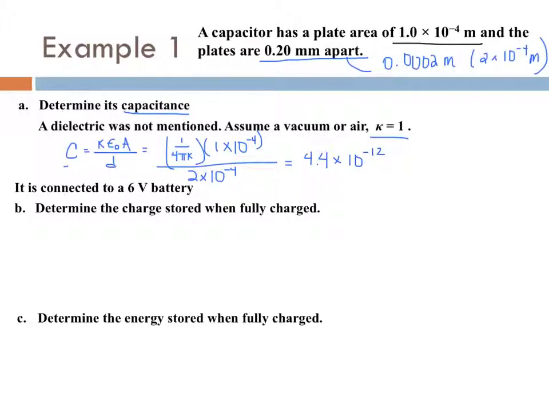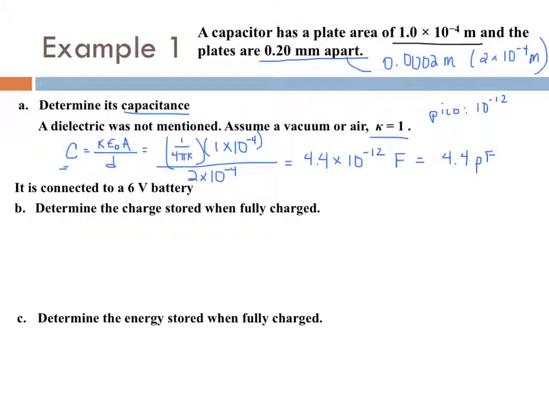Now, since we are solving for capacitance, that's in units of farads. Or you could also rewrite this as 4.4 picofarads, which is 10 to the negative 12.